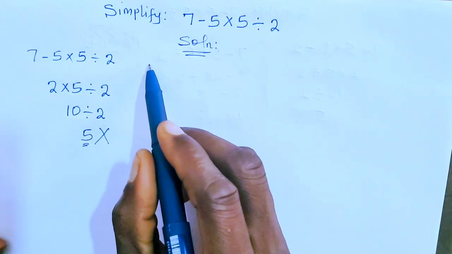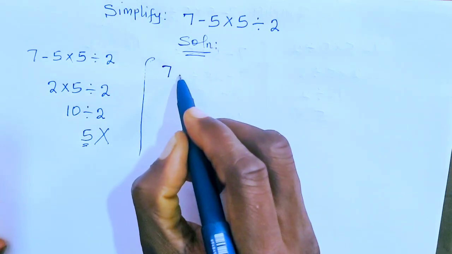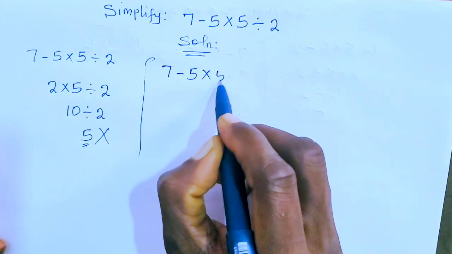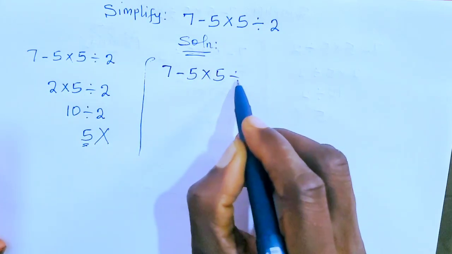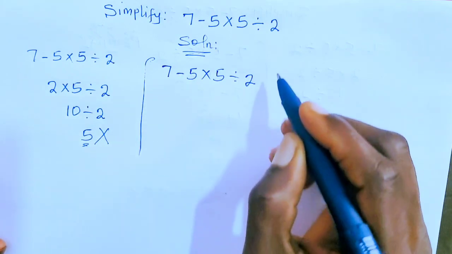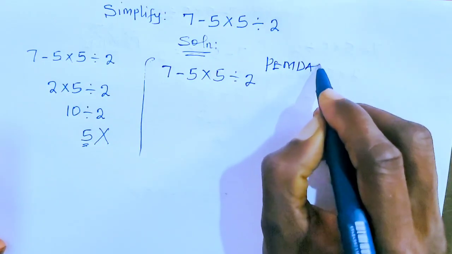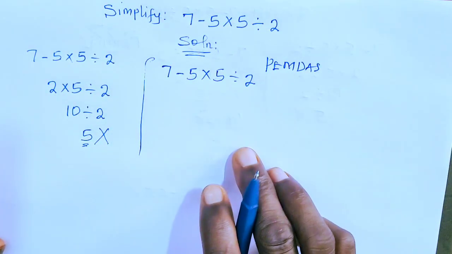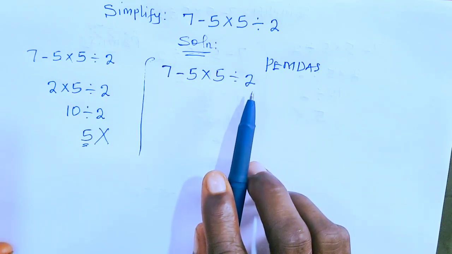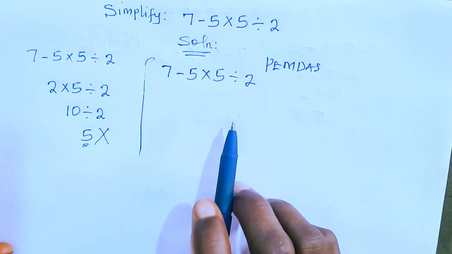To solve this correctly, we are going to have this: 7 minus 5 multiplied by 5 divided by 2. Right here, we are going to apply PEMDAS or use BODMAS, both give you the same answer if you apply it correctly.